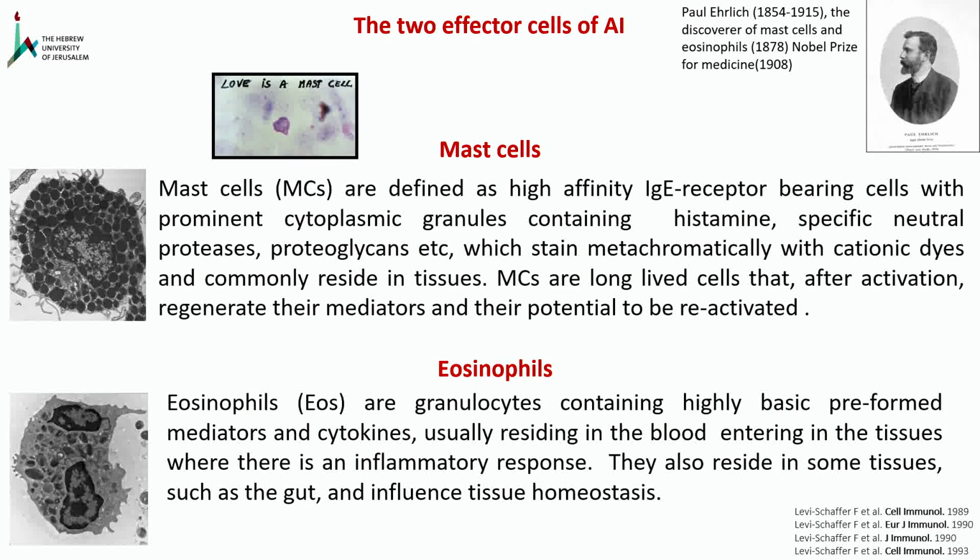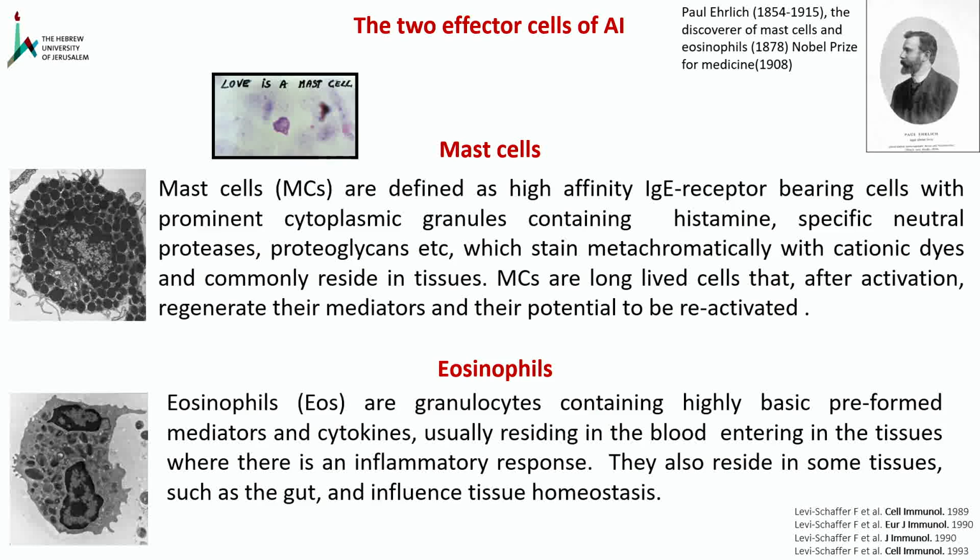Also, in this slide, I show a few old papers of our group showing that mast cells are long-lived cells, that after activation, they regenerate their mediators and also their capability to be reactivated both by IgE and also non-IgE dependent mechanisms.